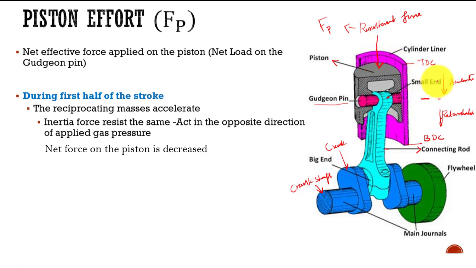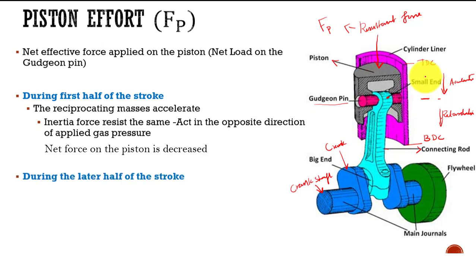So during the first half of the stroke, due to the acceleration of the masses, the inertia forces resist the motion of the entire system. So the net force on the piston is decreased to some extent, because the inertia forces oppose the motion.